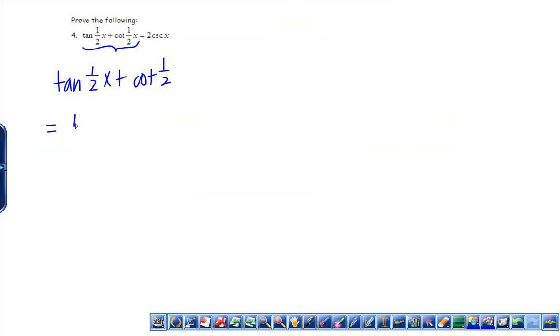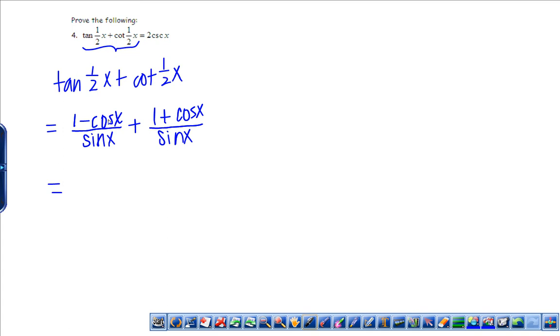So this gives me 1 minus cosine of x over sine x. That represents tangent of 1/2 x. Then I'm going to take one of my tangents and flip it, and flip it so that I have a common denominator. So this is 1 plus cosine of x over sine x. And now I have common denominators, so I can go ahead and add.